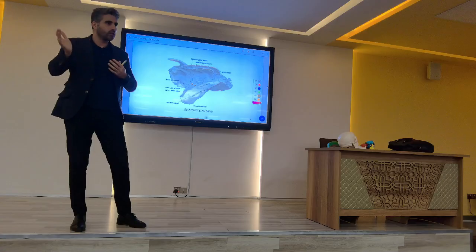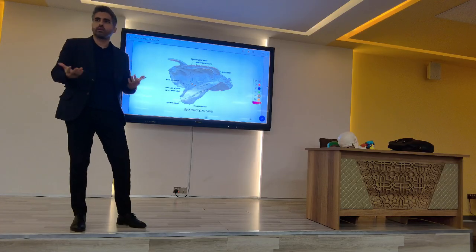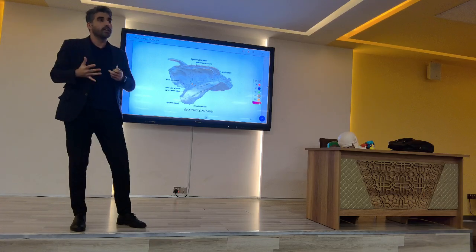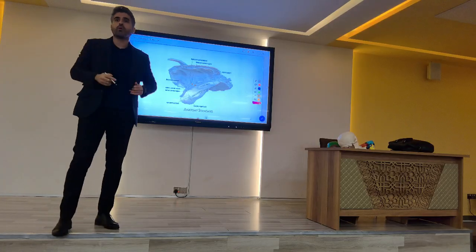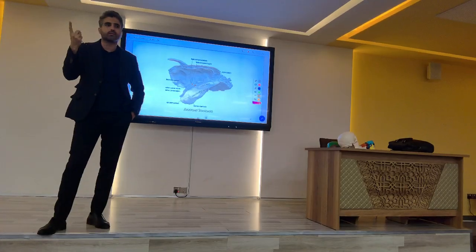For example, the movement of the stomach is not under your control, nor is the heart. They are controlled by the autonomic system. They work automatically. So sympathetic and parasympathetic are two parts of the autonomic system.